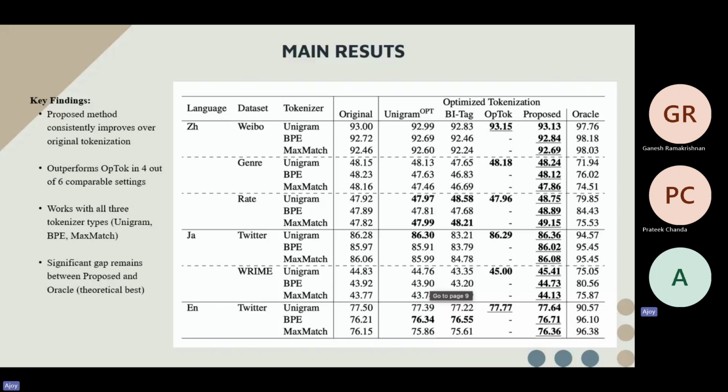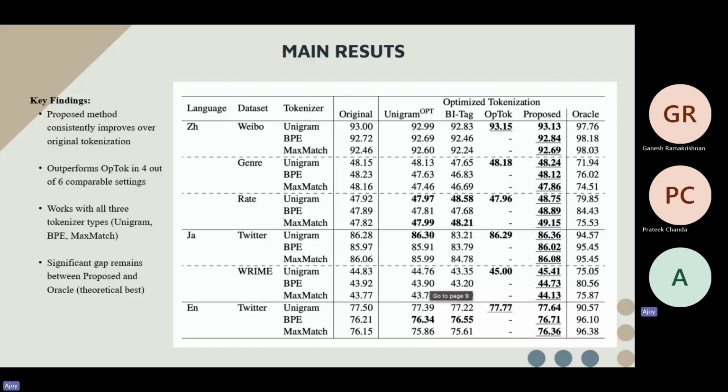They used n equal to 3, and here the proposed method used 100. Optok is also a similar method based on the unigram tokenizer; they used 3 different tokenizations and found the optimal one. Why is the proposed approach faster than Optok?